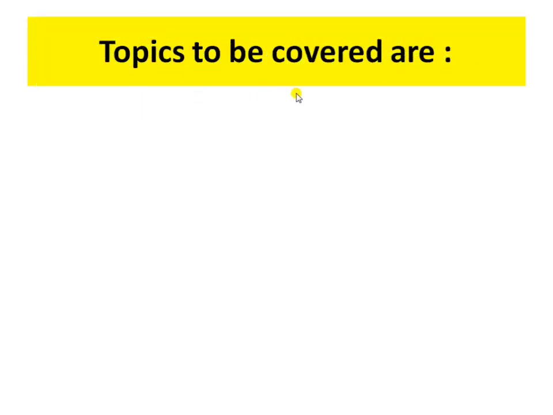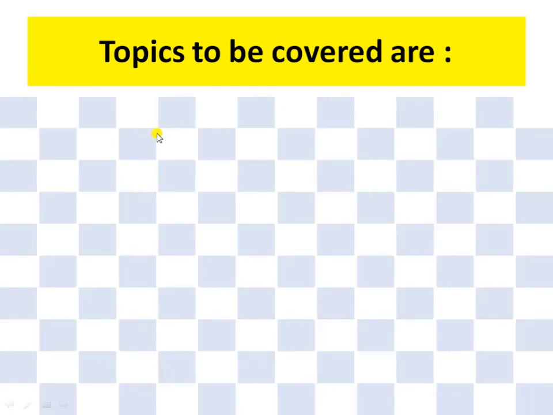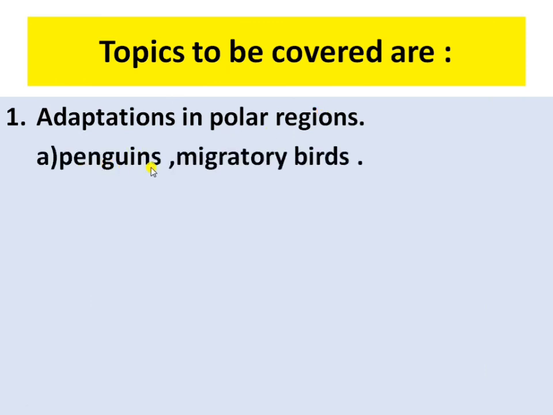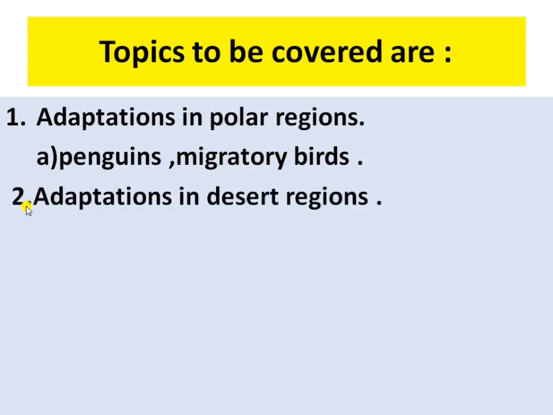So the topics to be covered are: the first topic is adaptations in polar region, in penguin and in migratory birds. We have already studied about the adaptations in polar region in polar bear. Second topic is adaptations in desert region and adaptation in camel.